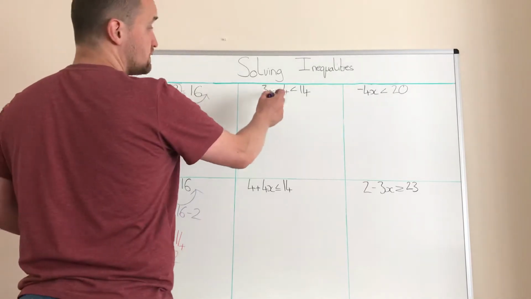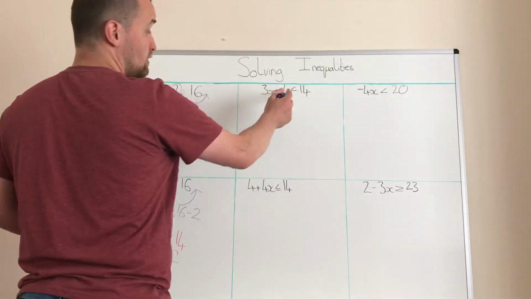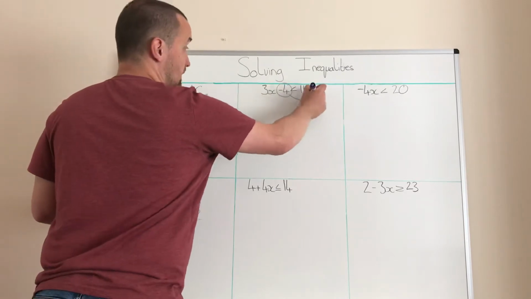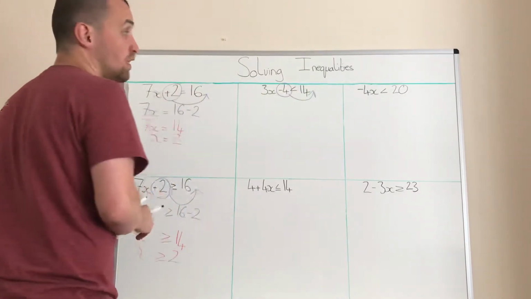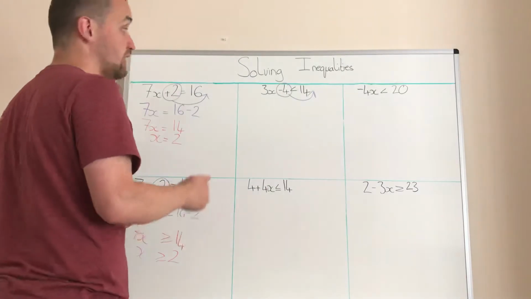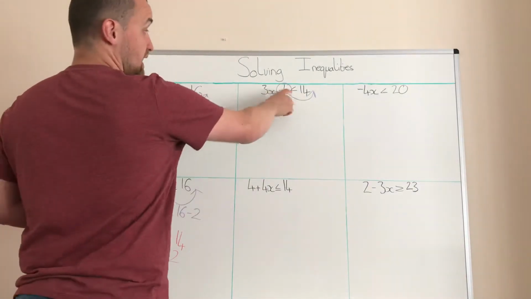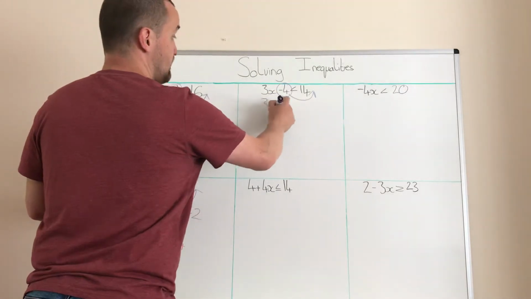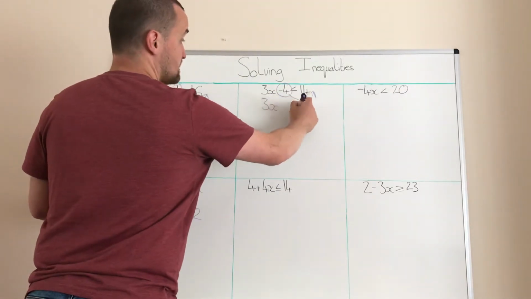3x minus 4 is less than 14. We're going to treat it in exactly the same way. I'm going to put this minus 4 on the other side of the inequality sign. If it's a minus there, it's a positive on the other side.